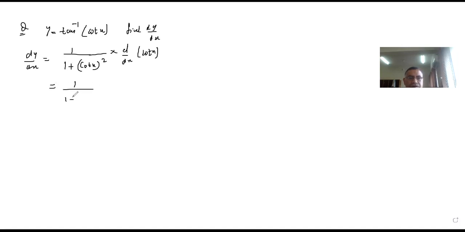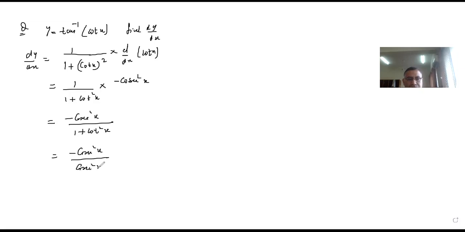So 1 over 1 plus cot squared x times minus cosecant squared x, which is minus cosecant squared x upon 1 plus cot squared x. And 1 plus cot squared x is equal to cosecant squared x. This is one method to solve this question with the help of the formula.